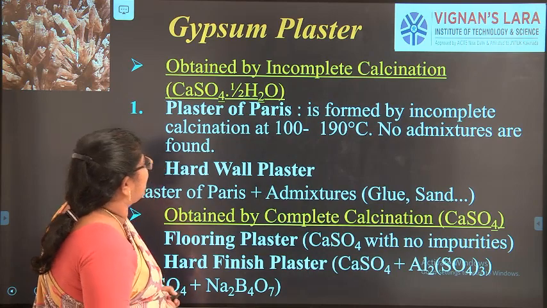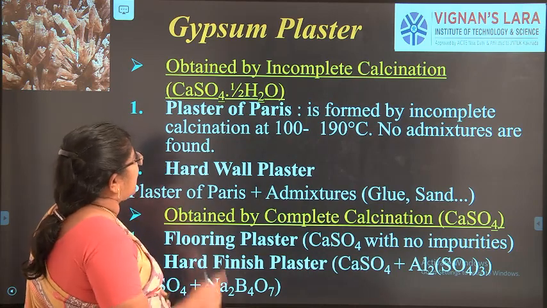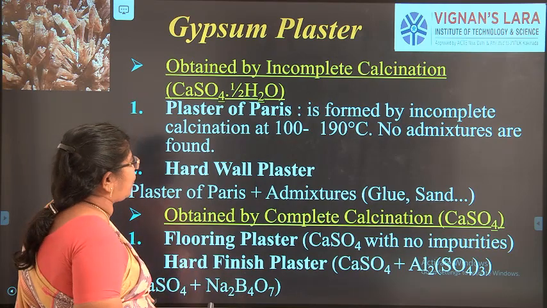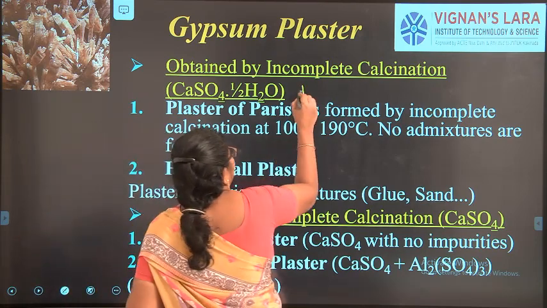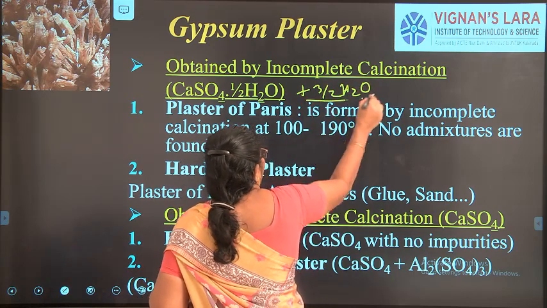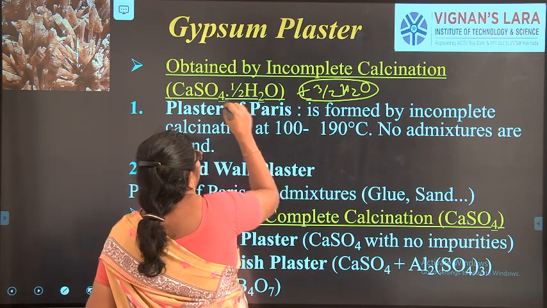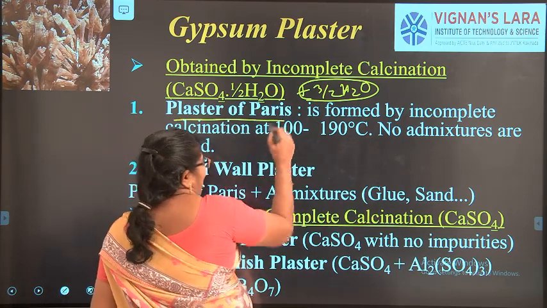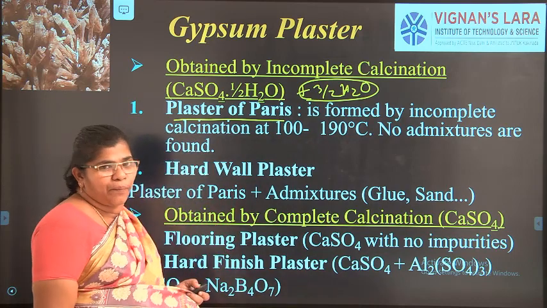So I repeat again, this is the incomplete calcination, CaSO4 half H2O plus 3 by 2 H2O. This product we call plaster of Paris.